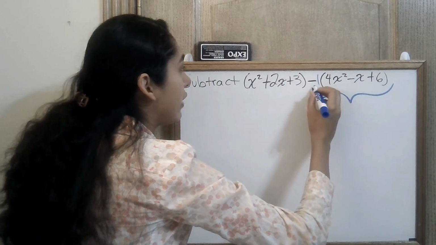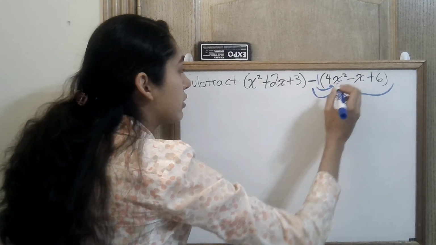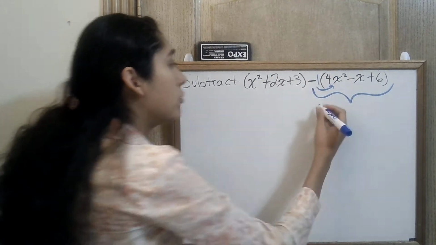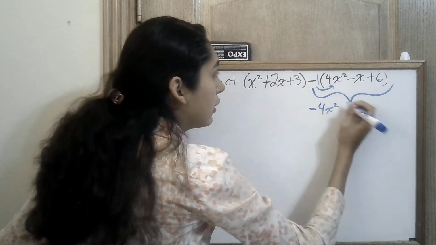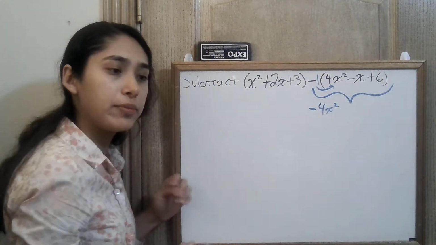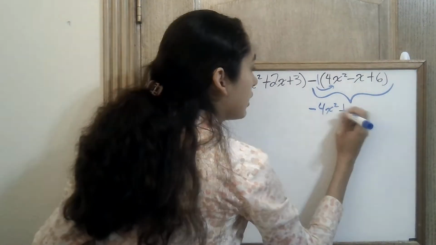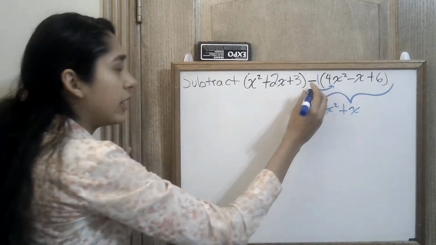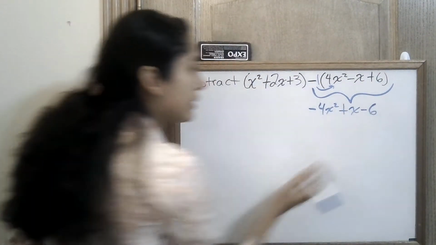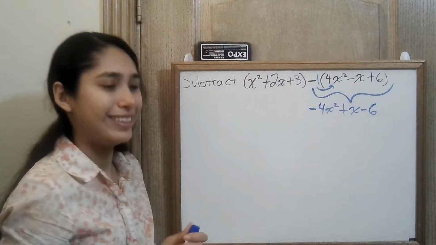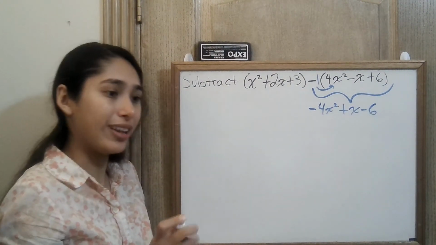So we have -1 times 4x squared. We're just gonna put -4x squared. Oh, negative and a negative, we get a positive, so it's just gonna be plus x. Then we have negative and a positive. It's gonna be a negative. Ta-da! See? This is getting a lot easier.